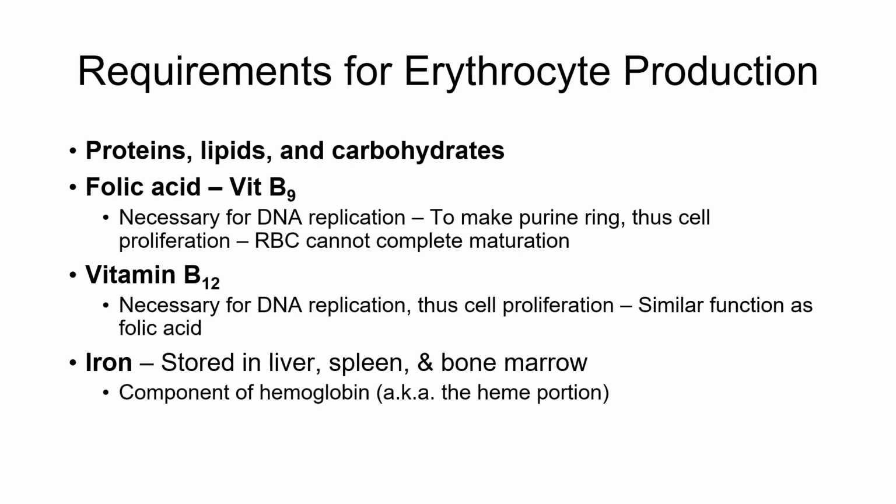So in order to make those two nucleotides, we need vitamin B9. And without it, we don't get the cell production to produce erythrocytes. An additional vitamin that we need is vitamin B12, which is also necessary for DNA replication and cell proliferation. It has a function similar to folic acid. So iron, proteins, lipids, and carbohydrates, folic acid, or vitamin B9, and vitamin B12.